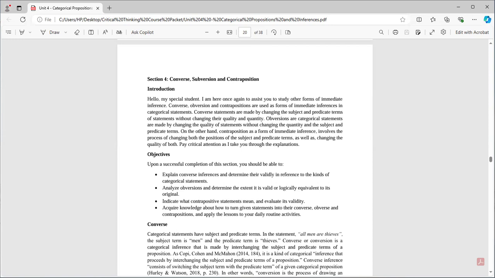When we turn it upside down, we'll get a converse or conversion. So all men are thieves, is it the same as all thieves are men?